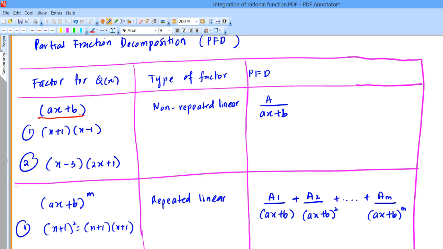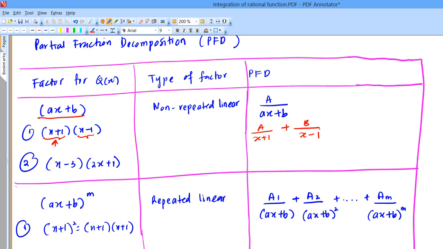For example, we have x plus 1 times x minus 1. The functions in the brackets are linear and non-repeated. So to write in PFD, we write A over x plus 1 for the first bracket, plus B over the second bracket, x minus 1.